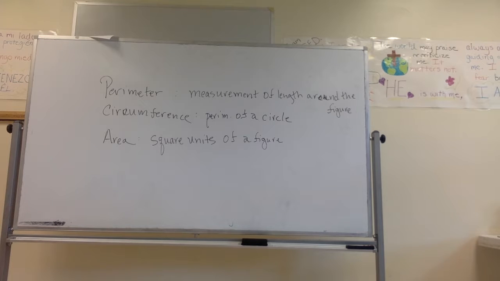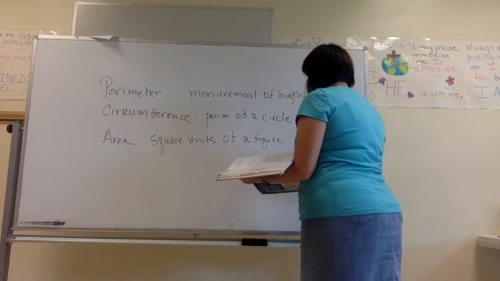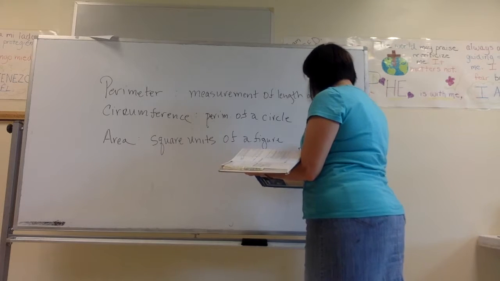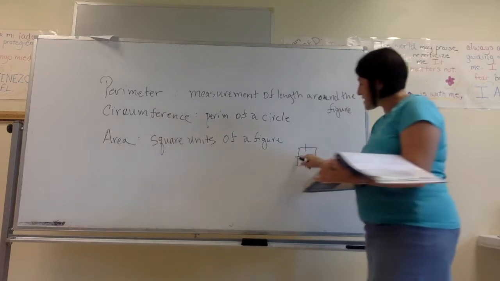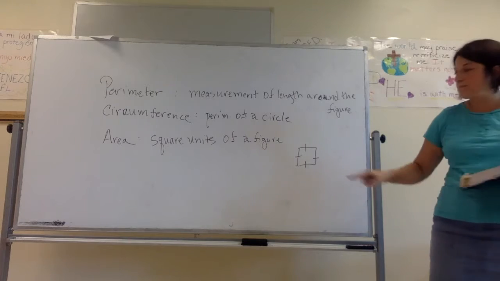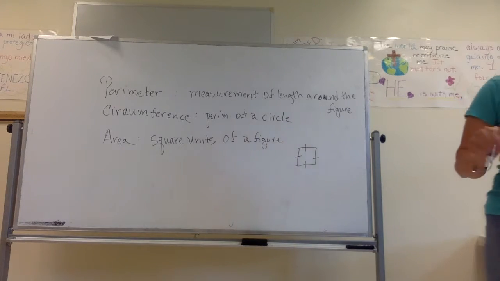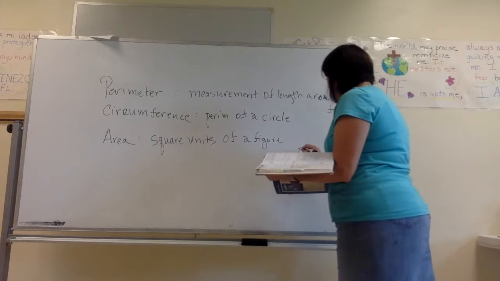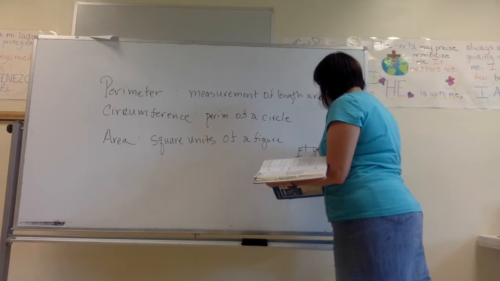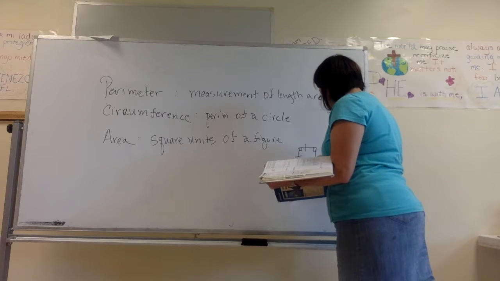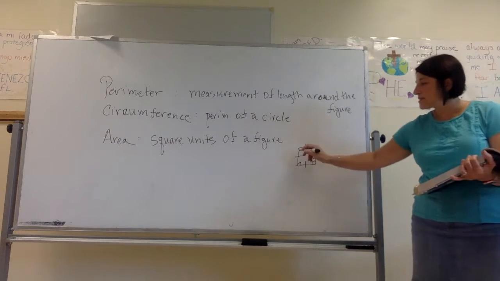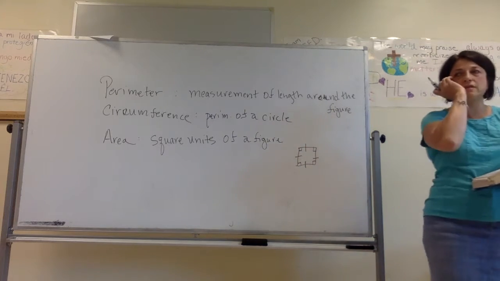So when we're talking about a square, let's take a look at the figures that they're putting on here. When I put these lines right here, what am I saying? They're all equal to each other. They're congruent. And if I put these little boxes in each of the corners, what are we signifying?